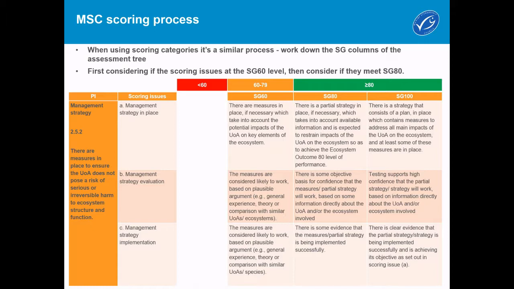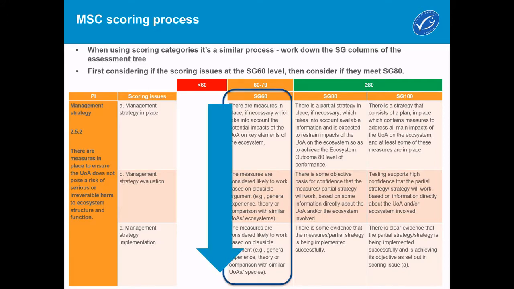Work down the scoring guidepost columns, first considering if your scoring issues meet the SG60 level, then consider if they meet the SG80 level. You don't really need to check whether they meet the 100 because you're just interested whether your fishery is below the 60, between 60 and 79, or above 80. You can check SG100 if you want, but it's not necessary.